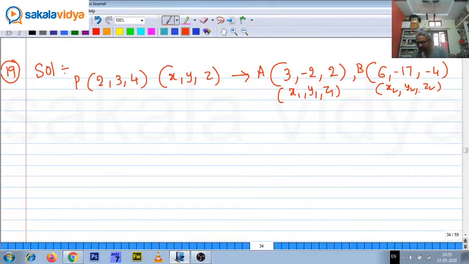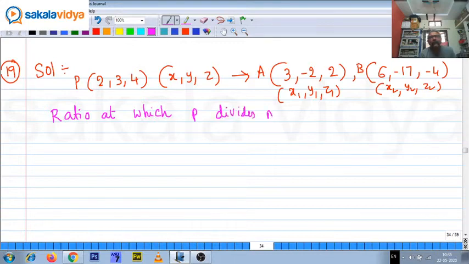See the first step, let me concentrate. First of all, you find the ratio at which P divides the AB segment.